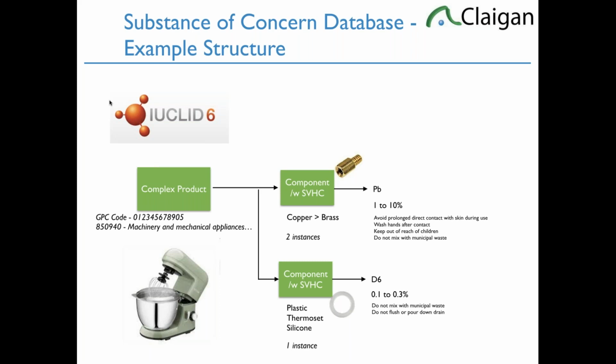Individual units may have more or fewer components than listed below. And then there's a silicone seal, because it's D6. It's a thermoset silicone. We say there's only one of them, and it's safe use instructions around bioaccumulants. They're not worried about human contact, they're worried about disposal. So this is structurally what we're going to put in today.